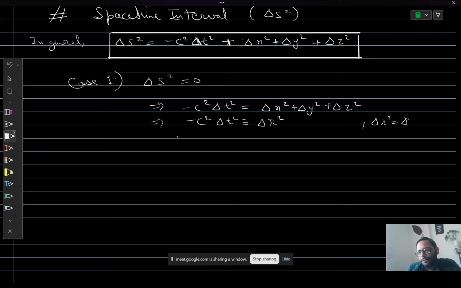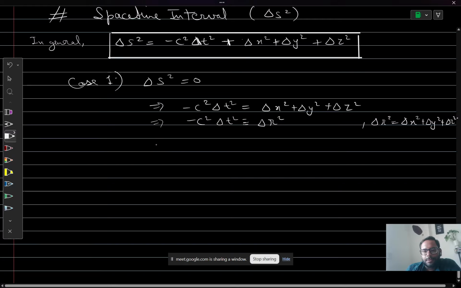Let's define this magnitude as delta r squared. So from here you can write delta r squared equals c squared delta t squared, and it will be positive.